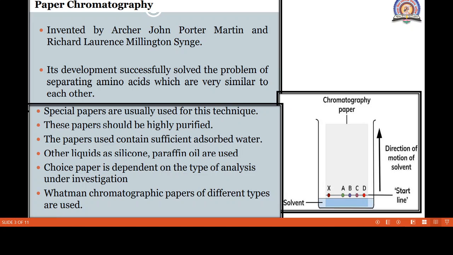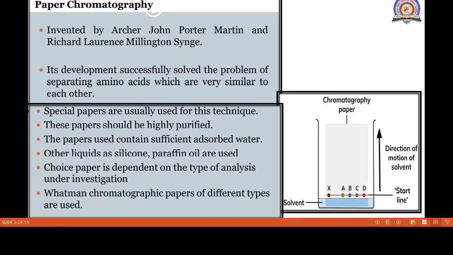So in this technique, the figure is given. A special paper is usually used for this technique. Sometimes Whatman filter paper or Whatman chromatographic papers are used for this technique.